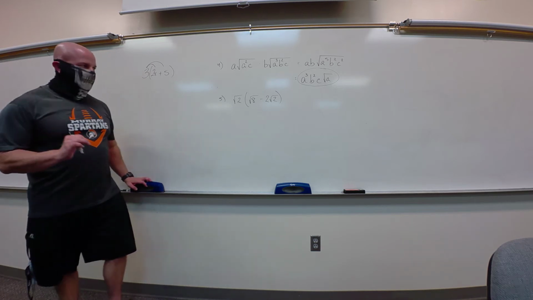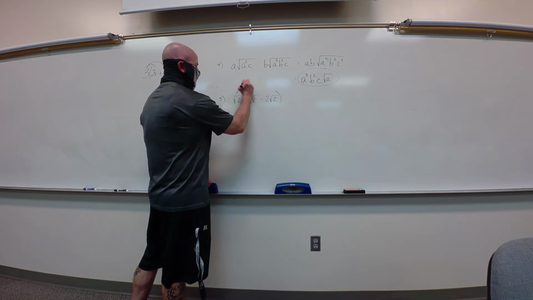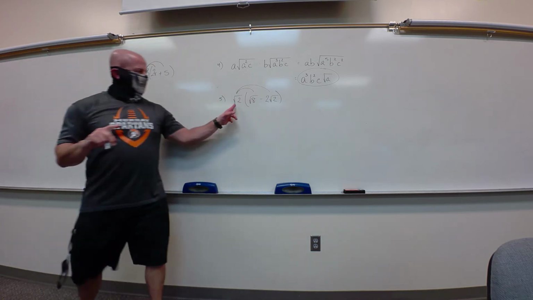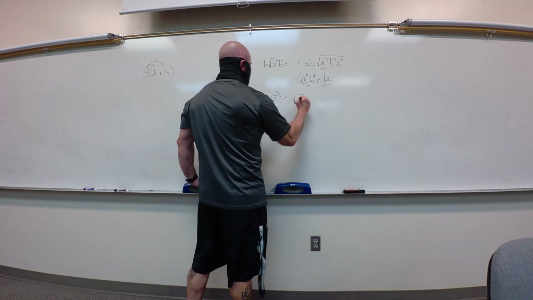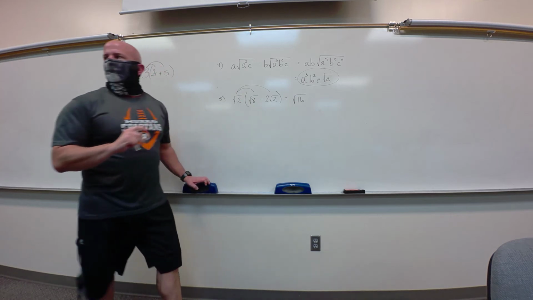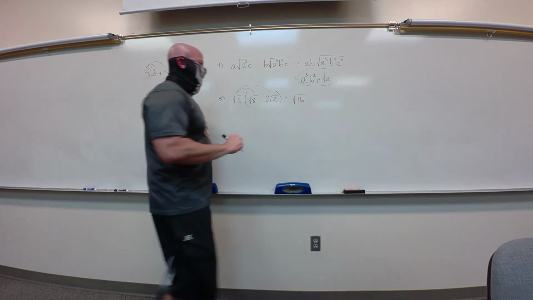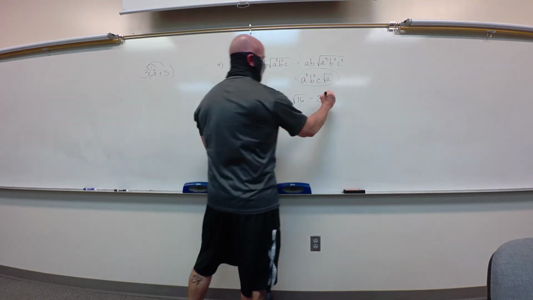So we're going to distribute that root 2 to each piece. So I'm going to have root 2 times root 8 is root 16, because inside with inside. Minus 2, root 2 times root 2 is root 4.